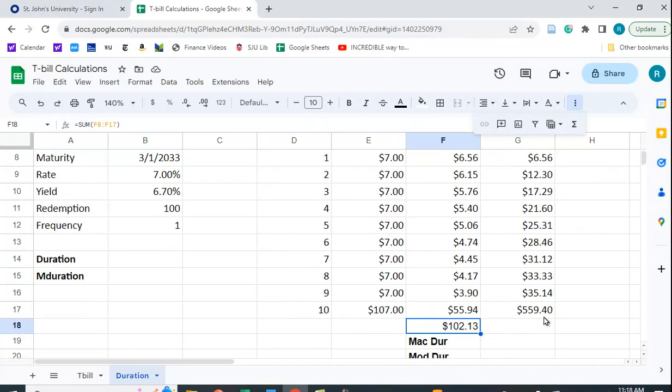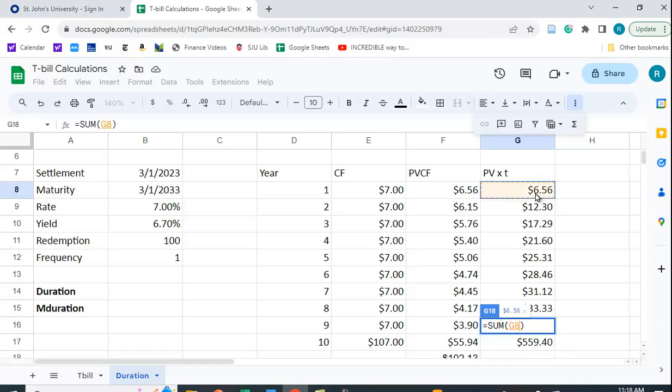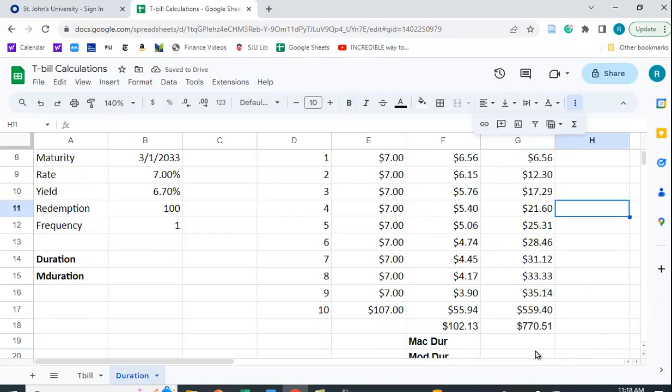I'm also going to sum up these. Again, I'll just use that summation function, and I get 770.51.